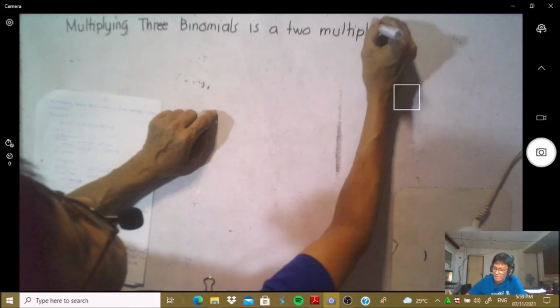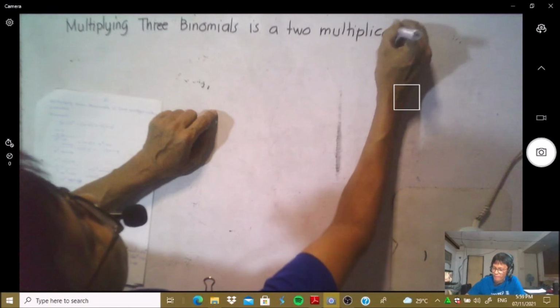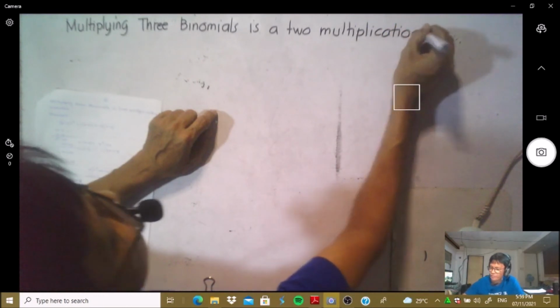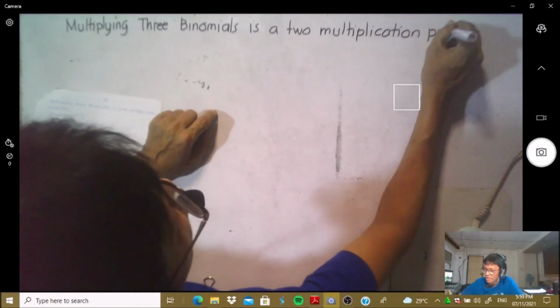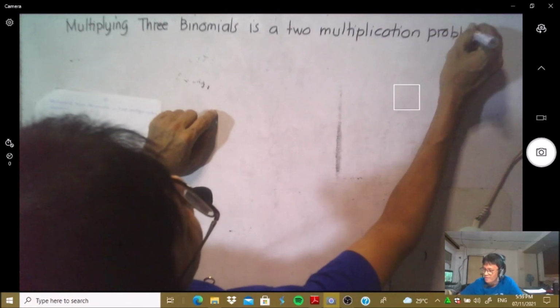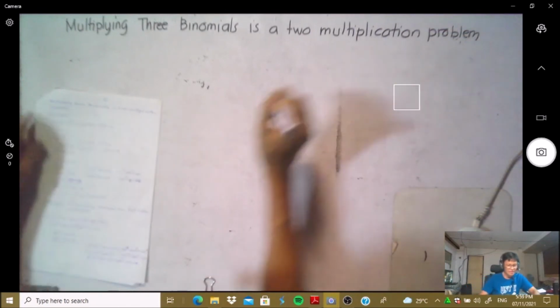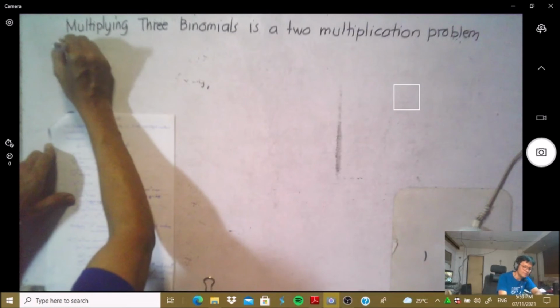It's the same as 2 multiplication problems, so we are going to perform the multiplication twice. Okay, so we have an example here.